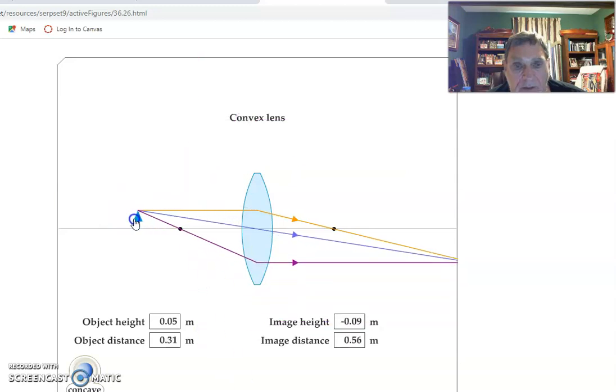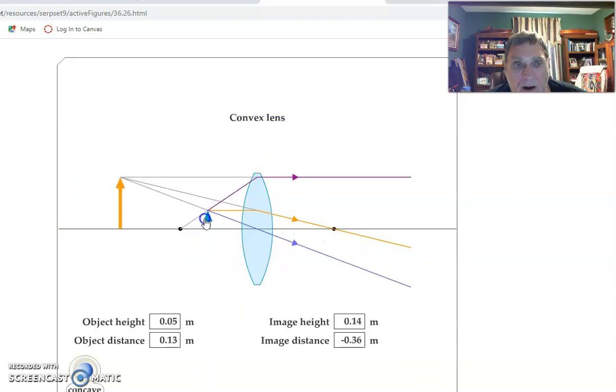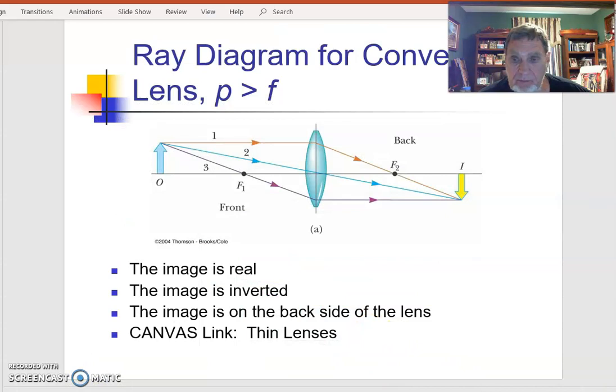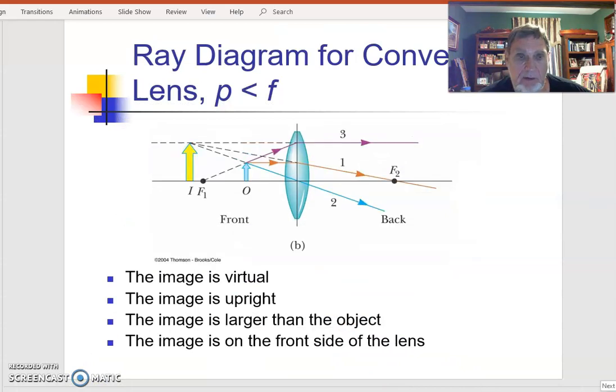Notice that real images on lenses are inverted, virtual images are not. And notice the difference between this and the mirror. That's where people get confused. The mirror ray bounces off the mirror. Here it goes through the lens. I'll do some examples of that in some of the homework problems. So here's the one where we get a virtual image.